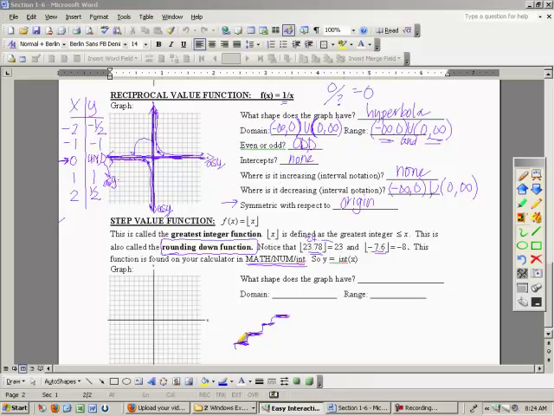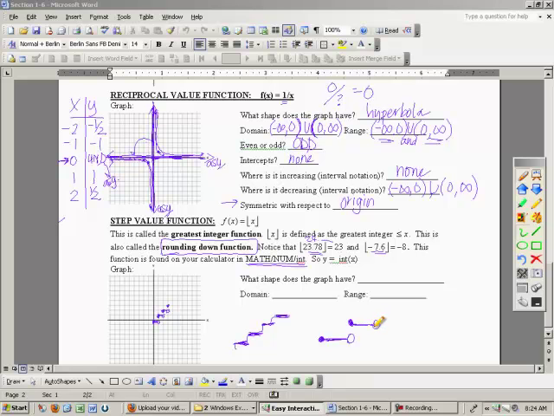At 0, I get the point 0, and I will get it until I hit 1. And at 1, I'll get the point 1. And at 2, I'll get the point 2. And at 3, I'll get the point 3. And I will have those points until I get to the next spot. And so it ends up looking like this, and I want to draw it for you over here. It's a closed circle with a line and then an open circle, because I jump then to the next value of a closed circle and then an open circle.